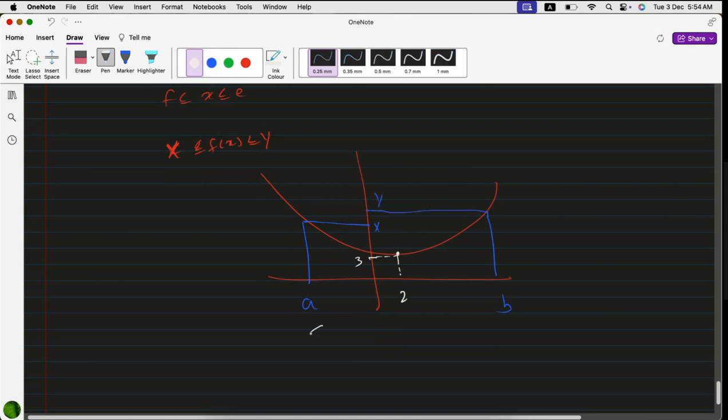But see, from A to B, the lowest value is 3 and the highest value is q.